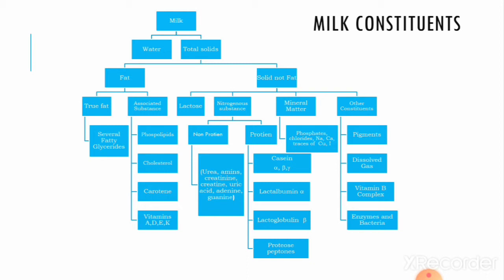The mineral matter includes phosphates, chlorides, Na, that is sodium, calcium, traces of Cu and iodine. Other constituents include pigments, dissolved gas, vitamin B complex, enzymes and bacteria.